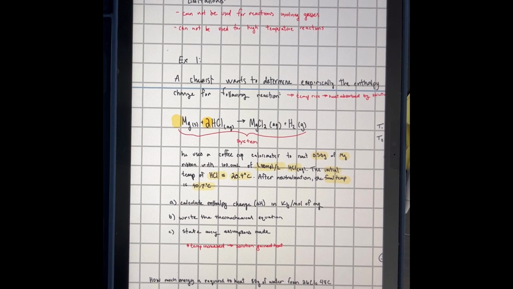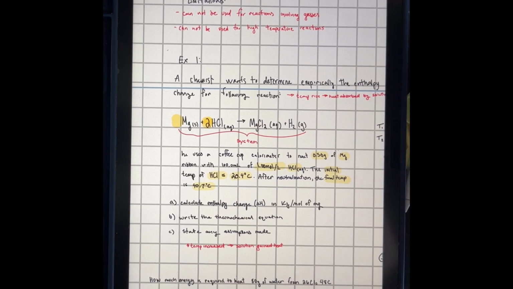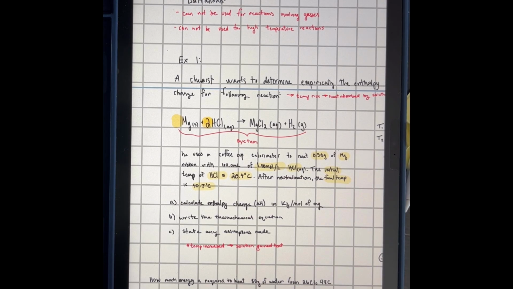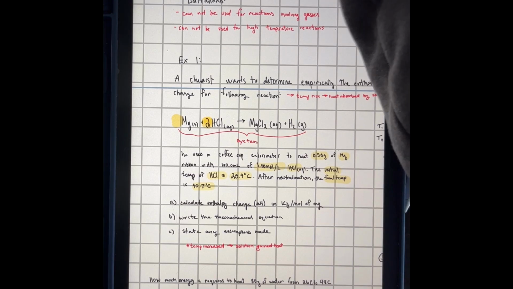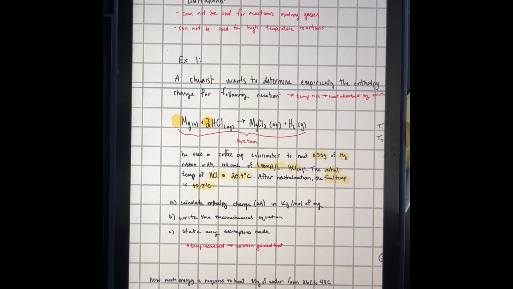Let me see if I can find this online. It says it's in form Mg. Okay, I see. But I'm going to do one extra thing, because I'm looking for where we are left with just kilojoules.